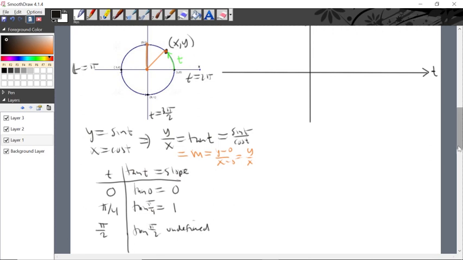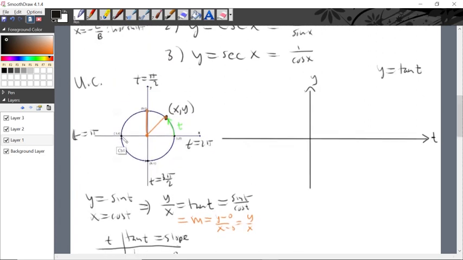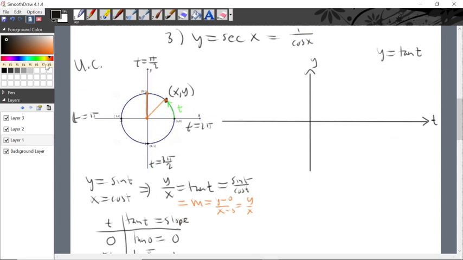Now what happens if we were to choose values that are just a little bit less than pi over 2? That is, what happens as t approaches pi over 2 from below? If we choose values that are getting closer to pi over 2 but remain less than pi over 2, what does the geometry tell us? Let's say we choose a point on the unit circle that's getting close to pi over 2 but hasn't quite hit pi over 2 yet. Notice the slope of this line right here is going to be very, very positive.